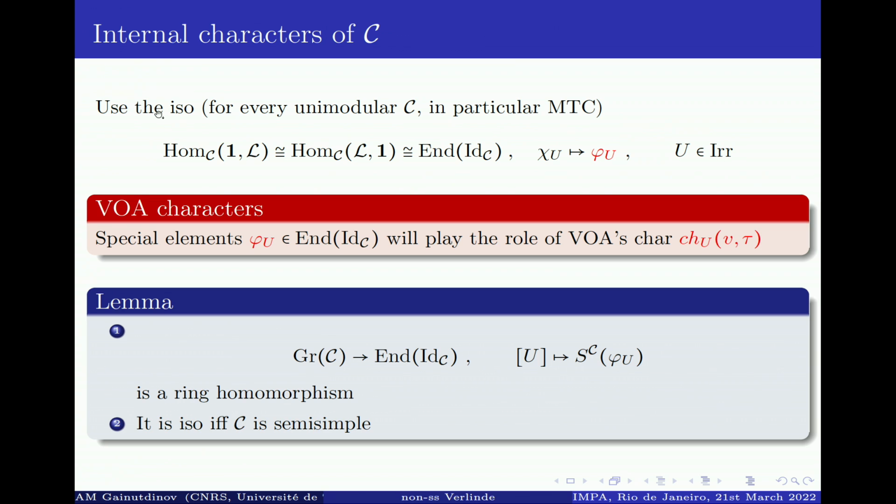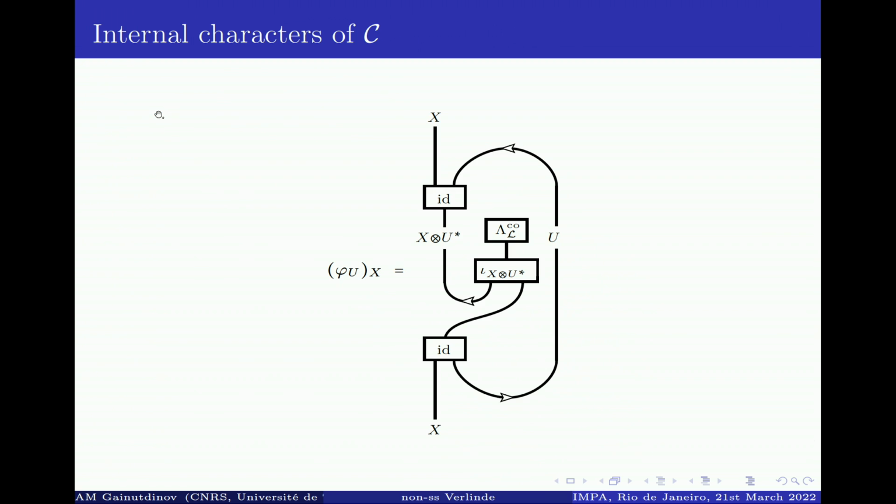I didn't describe these maps, but maybe let me give you a picture. So this is a string diagram for phi U. So we know it quite explicitly. As I said, it's an endomorphism of the identity functor, and on components it behaves like that. It's an endomorphism of X. You see there are coevaluation and evaluation maps. There is this iota, the structural maps of the coend, and there is this special cointegral of the coend.